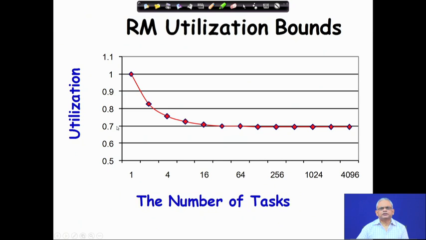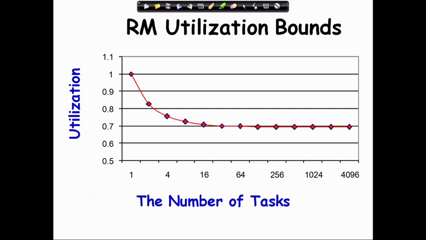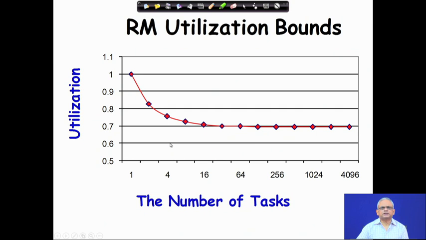So, 0.7 or 70% utilization. Sorry, I need to correct what I said: if the utilization is less than 70%, anywhere in this region, all the task sets whose utilization is in this region, that is less than 70%, this is the upper bound of utilization actually.